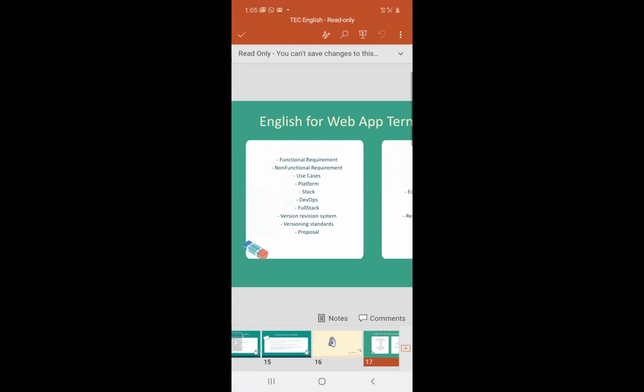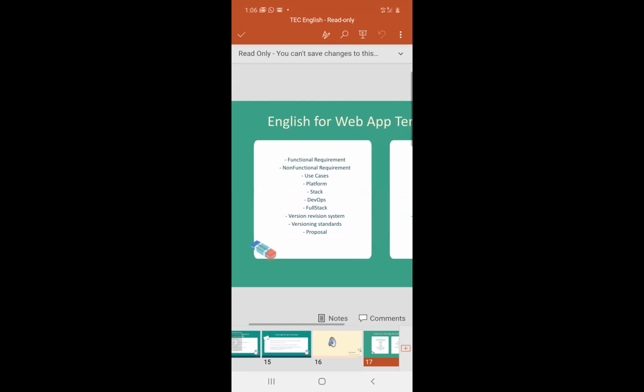Okay, so functional requirements are the actual requirements that explain what the user can or cannot do inside the application. For example, the user shall be able to log in. The user shall click on a page and it will display the list of applicants to the program.